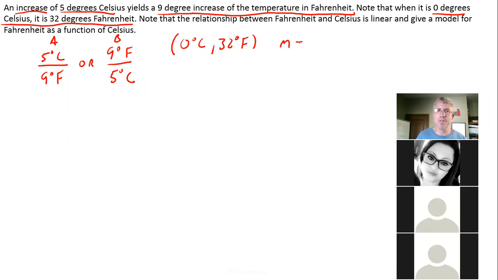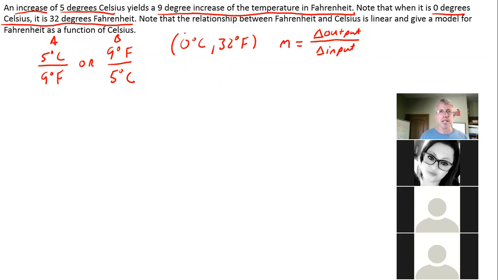The slope of a line is going to be the change in the output, because that's the rise. The outputs are on the vertical axis, so they correspond to the rise, divided by the change in the input, because inputs are plotted on the horizontal axis, so that's your run. So change in output divided by change in input.